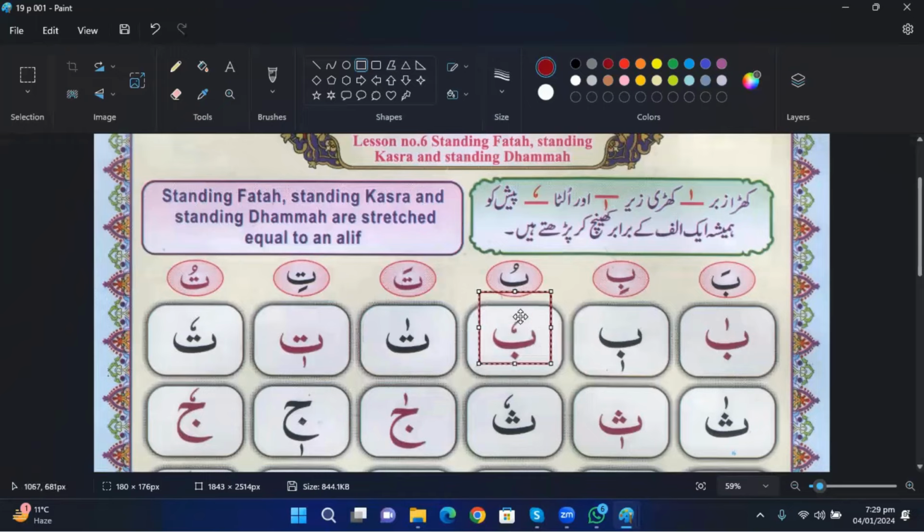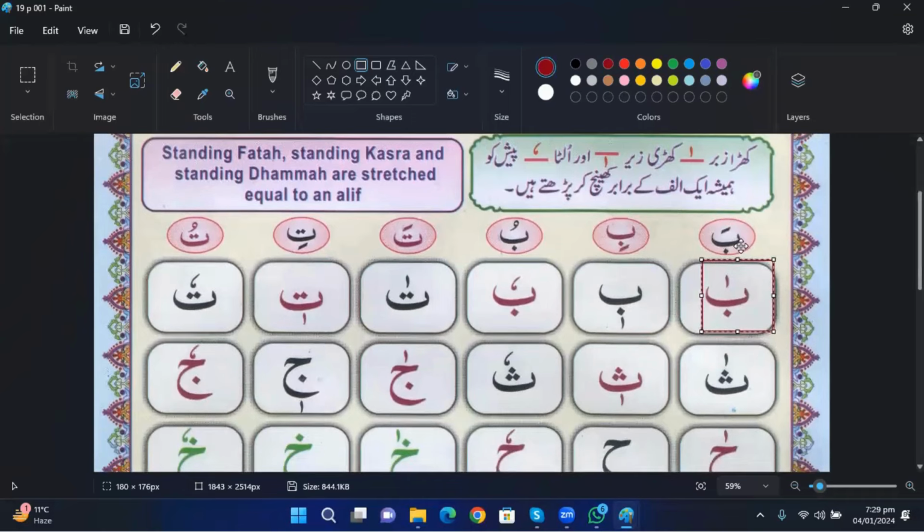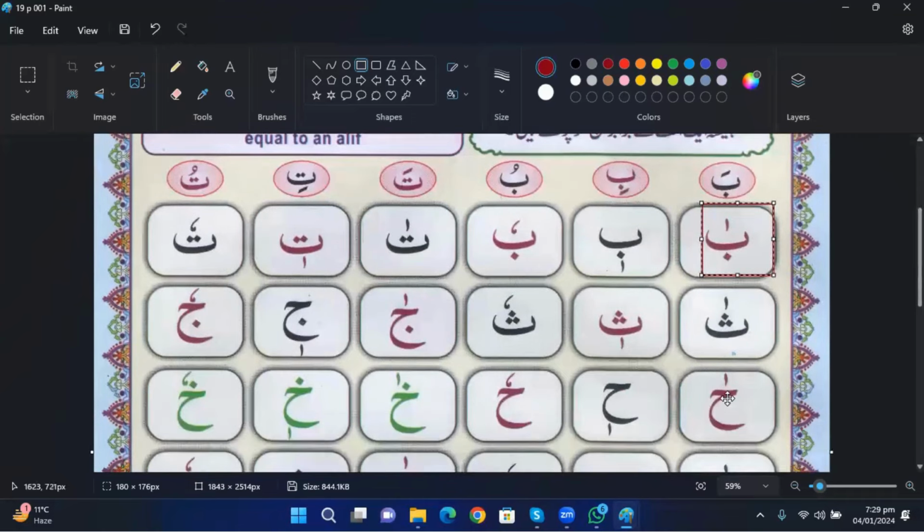So if your students are kids, again you can explain them first, like ba standing fatha ba, sa standing fatha sa, ha standing fatha ha. And then in second step, you can teach them about standing kasra. And then third step, you can teach them about standing dhamma.